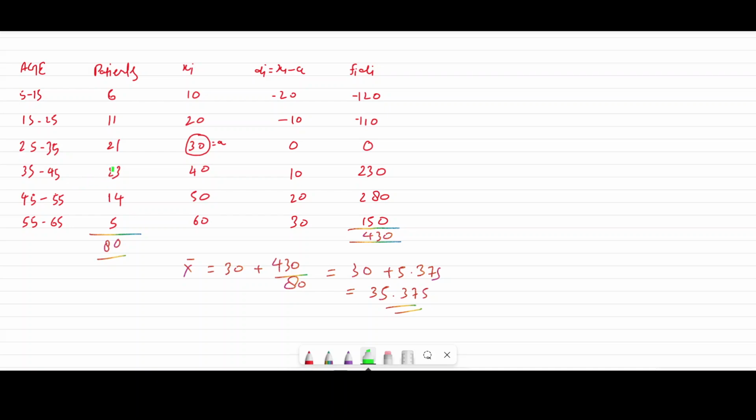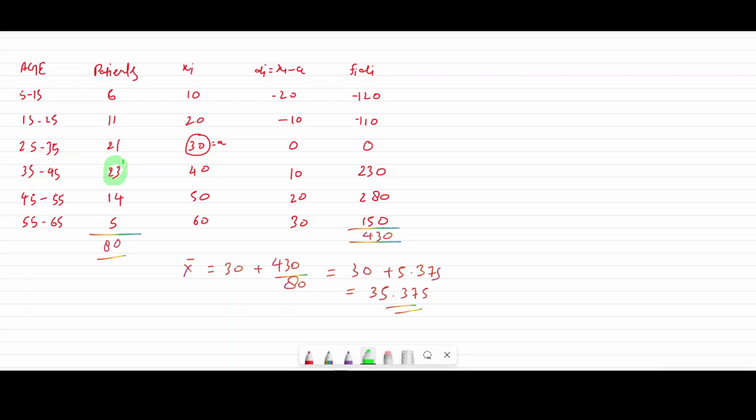Now the next point was the mode. So first we should look for which has the maximum frequency. The maximum frequency is 23.